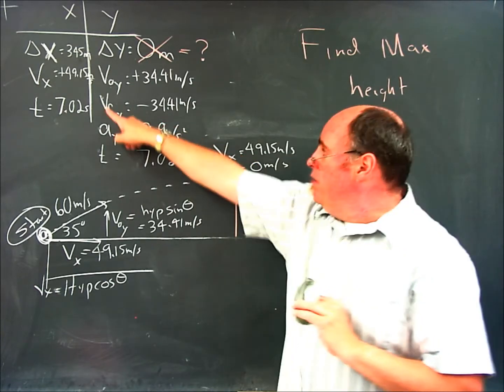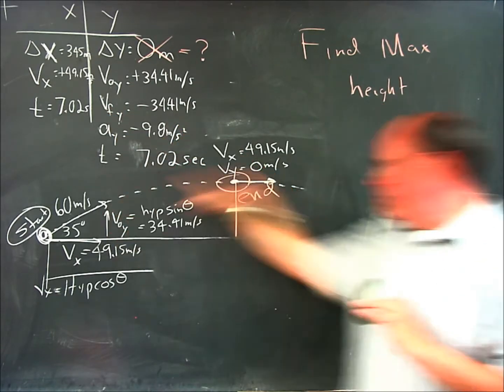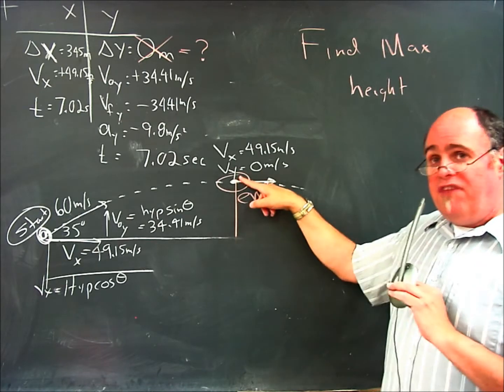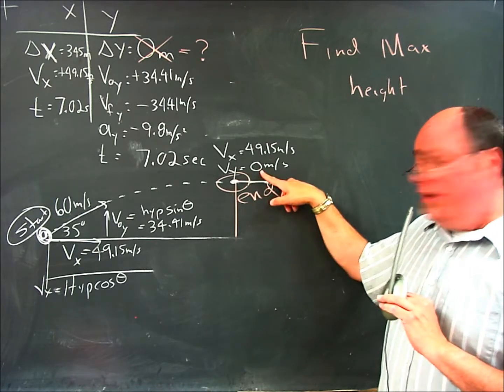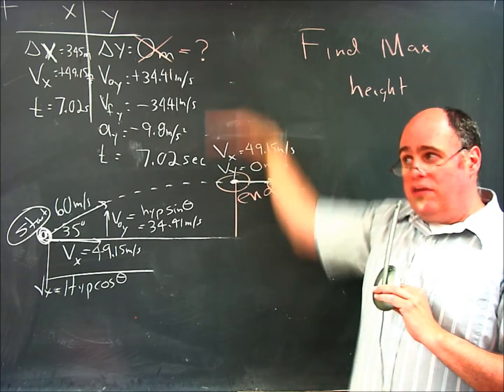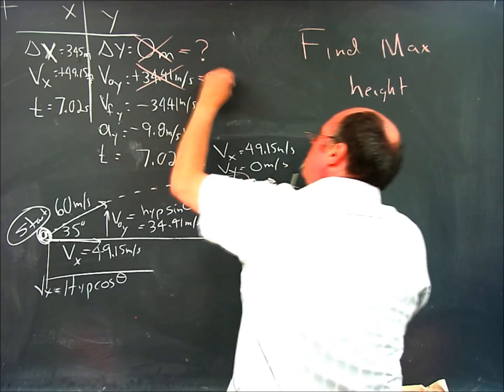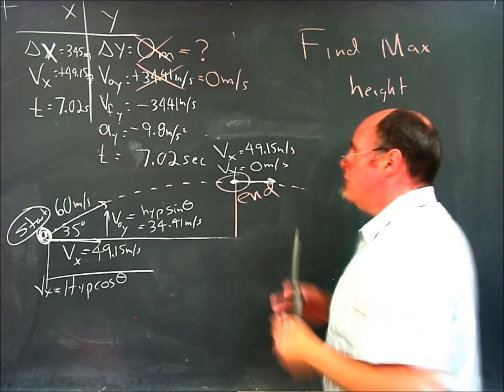So V final, before V final was symmetrical to V initial. It was equal and opposite because it was back on the ground. Now, V final is going to be up in the air at the maximum height. It stopped going up, and it's just about to start coming down. So we would say, not this, but we would say it's 0 meters per second. Oops, that's the wrong one.